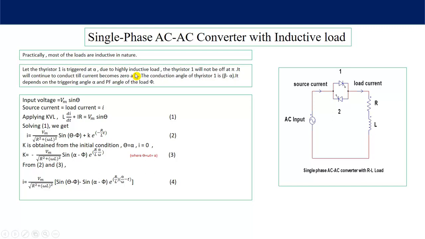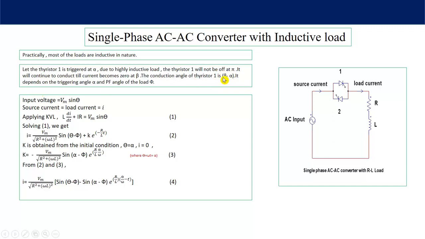This angle is also known as the extinction angle of the thyristor. Then the conduction angle of thyristor number 1 is beta minus alpha, because at beta the thyristor is turned off and at alpha it is turned on.